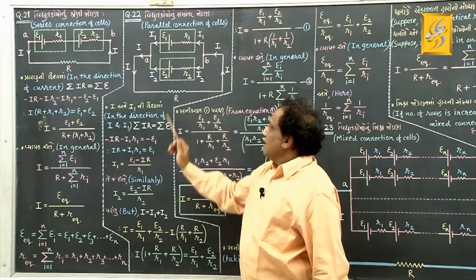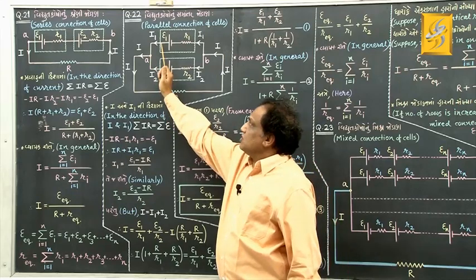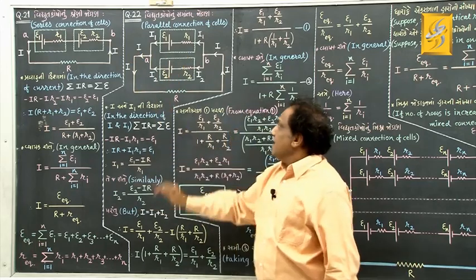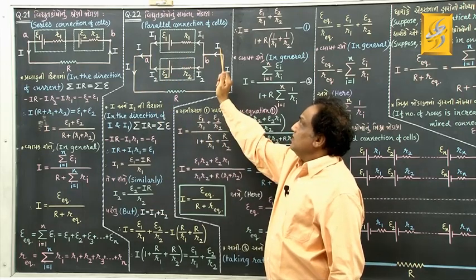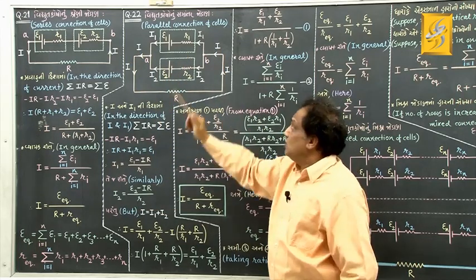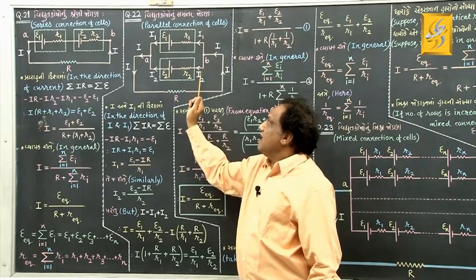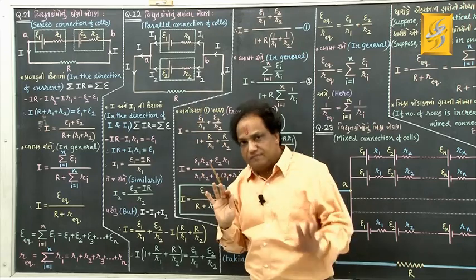Okay? At this junction, these two currents associate to produce this total current, and here at this junction, this total current dissociates into two parts, I1 and I2. I1 flows through first cell, I2 flows through second cell. Simple.